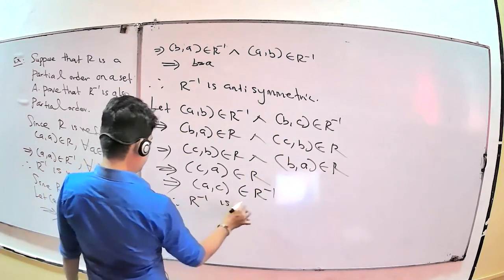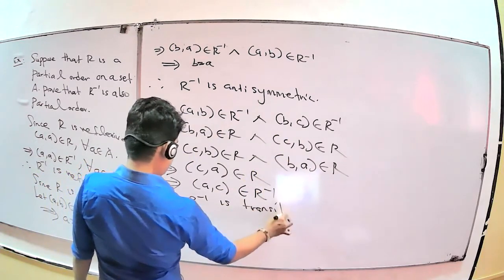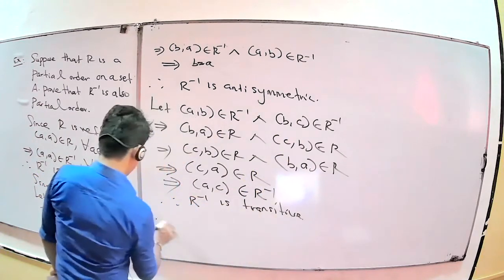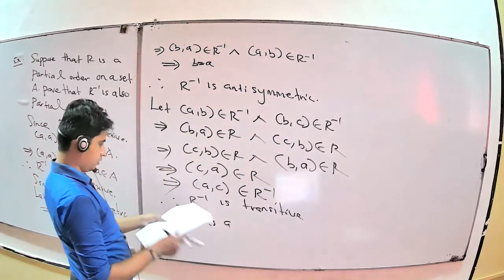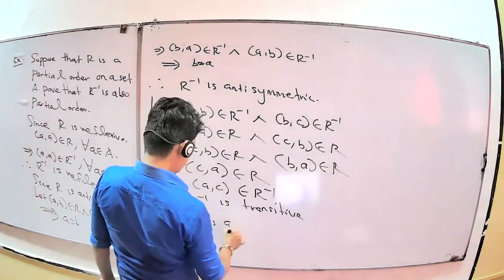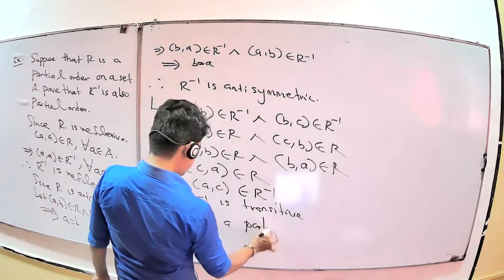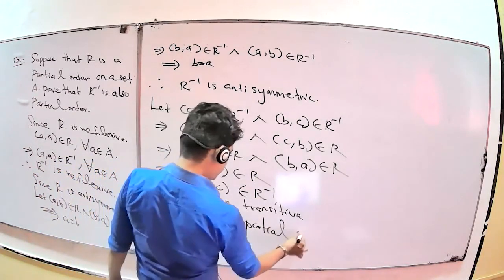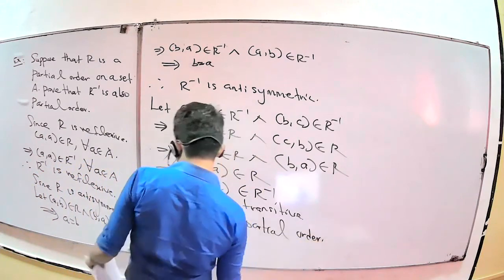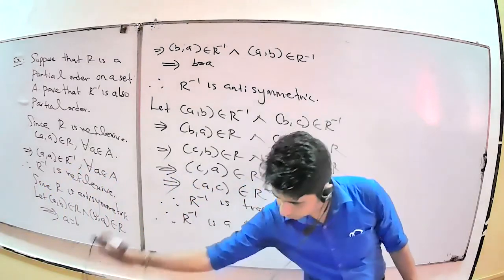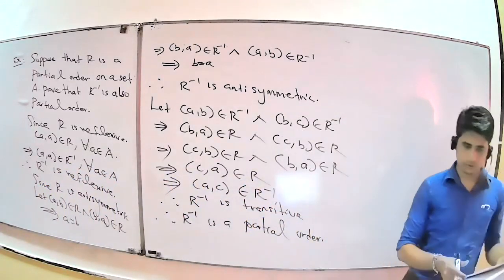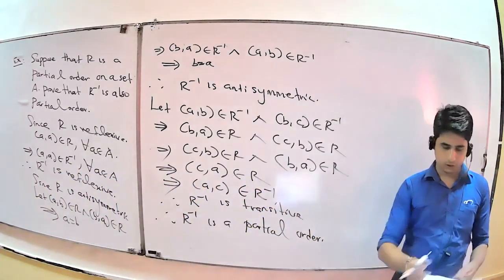Therefore, R inverse is transitive. Therefore, R inverse is a partial order. These are the exercises based on the relation.